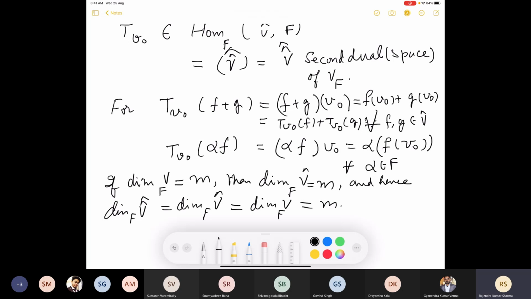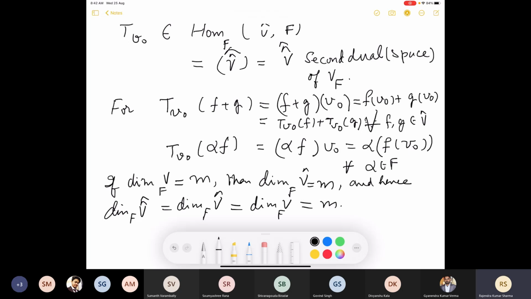Now, since V hat is also a vector space, we can think of its dual, and this dual, which is now the dual of V hat, is called the second dual. And once again, if it is finite dimensional, the dimension of the second dual and the dimension of dual and the dimension of the vector space V over F, all of them are equal.